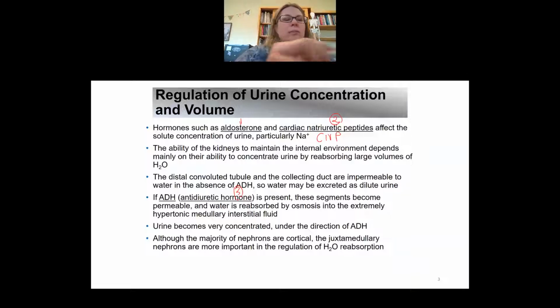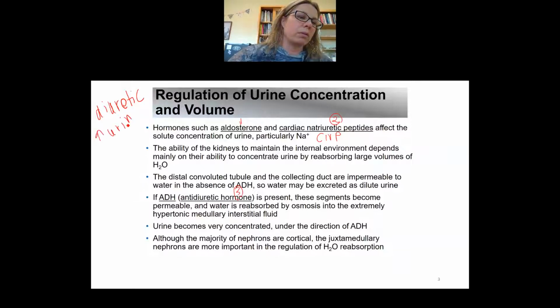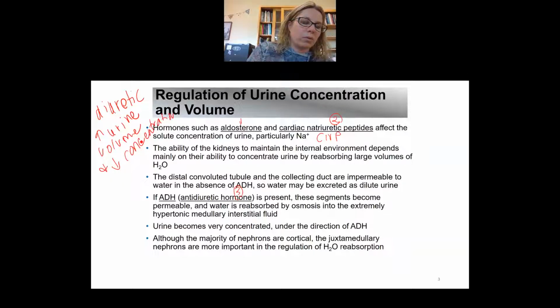Last time in class, we talked about diuretics, such as caffeine and other substances that increase the volume of urine and make you go to the bathroom more. So a diuretic increases urine volume and decreases urine concentration, or in other words, it makes the urine more dilute.